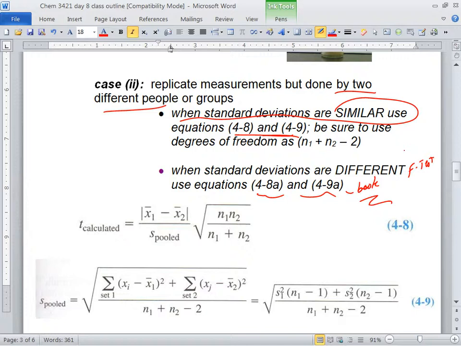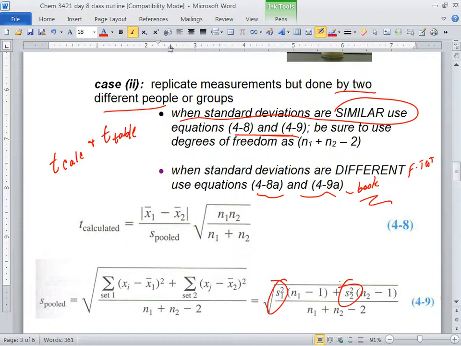Then you want to compare T calc and T table. Now look at this. You're using two standard deviations. You don't just have N1 measurements, you have N1 and N2 measurements.